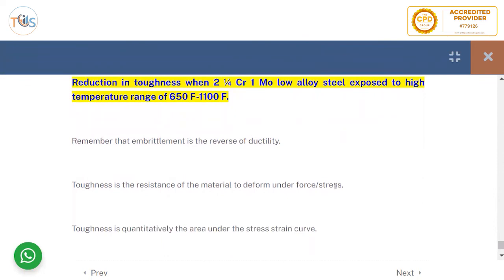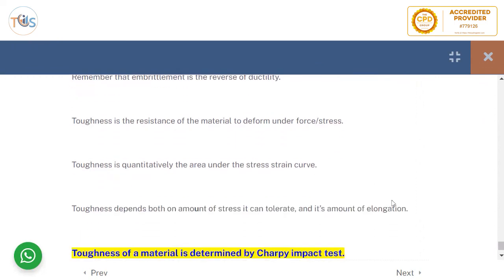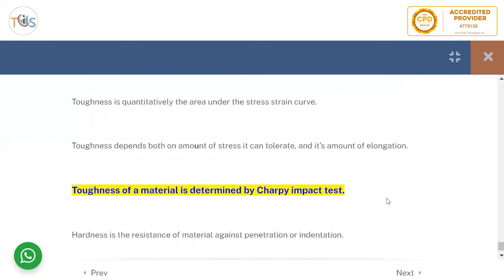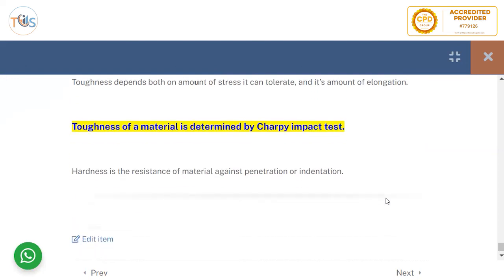You should remember that embrittlement is the reverse of ductility, and toughness is the resistance of a material to deform under force or stress. Toughness, quantitatively, is the area under the stress-strain curve, and it depends on the amount of stress it can tolerate and its amount of elongation. The toughness of a material is determined by the Charpy impact test.